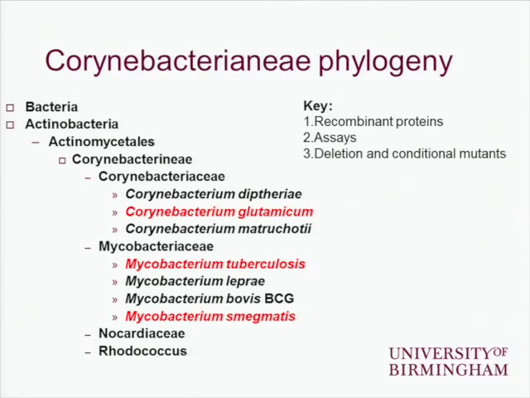Depending on the pathway, you can also knock out particular genes in Mycobacterium smegmatis and study some of these glycoconjugates. So by shuffling between these organisms, we can generate a panel of deletion mutants and also conditional mutants to study both of these glycoconjugates.